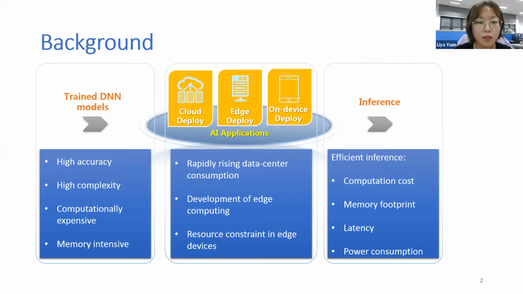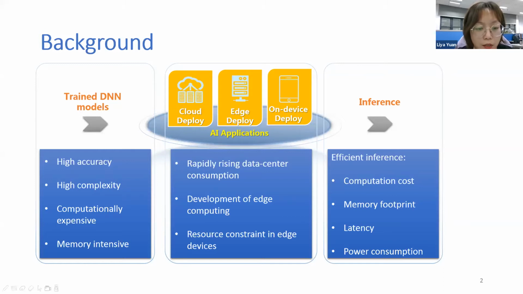First I want to briefly introduce the background of the DNN Inference Optimization Challenge. Since the development of DNN models, the models have become increasingly accurate compared to the models before. But with the high accuracy, high complexity is also introduced.